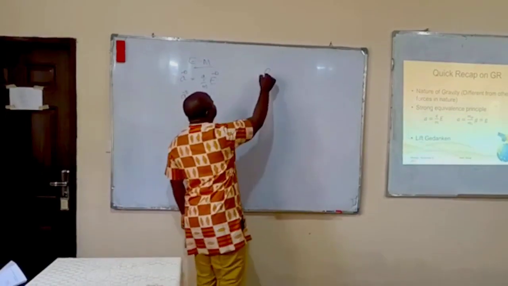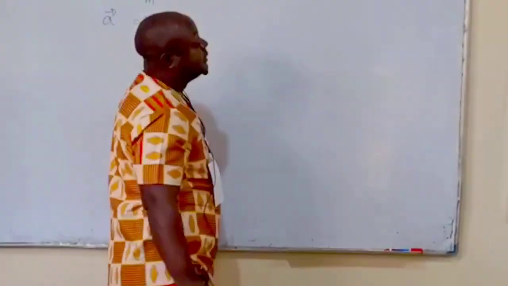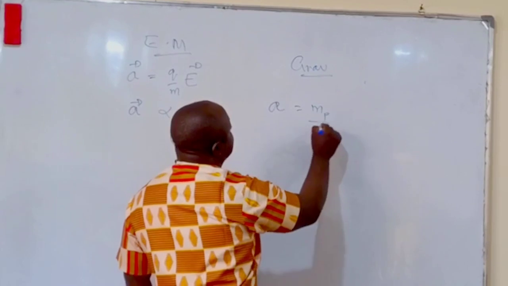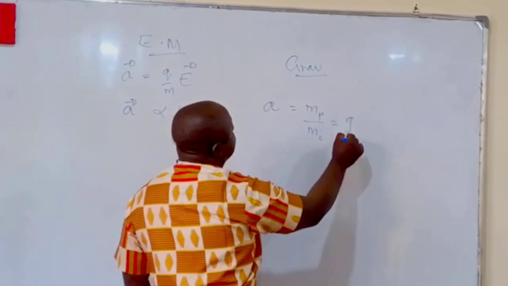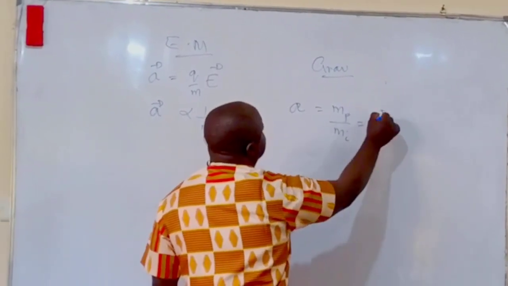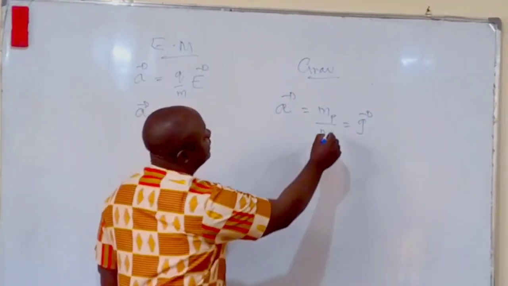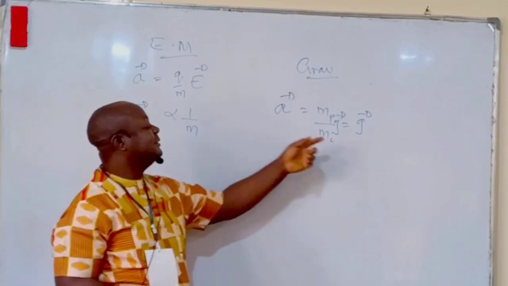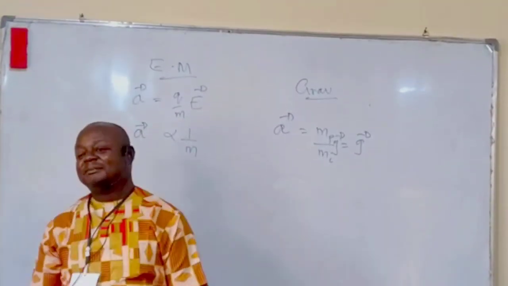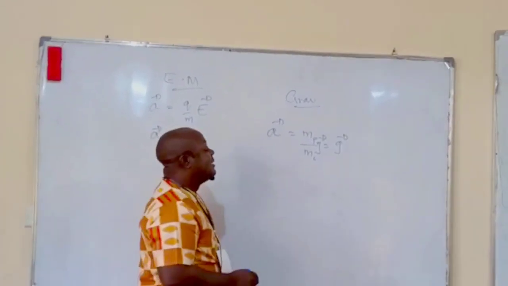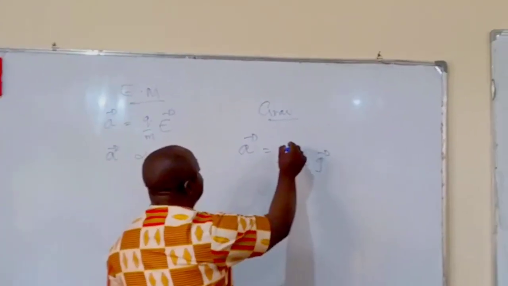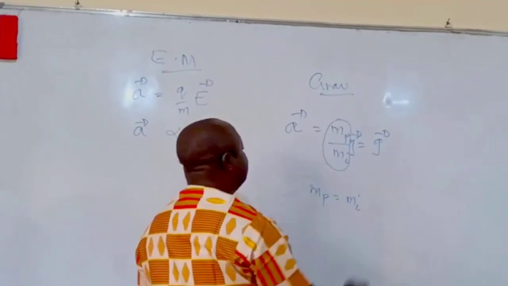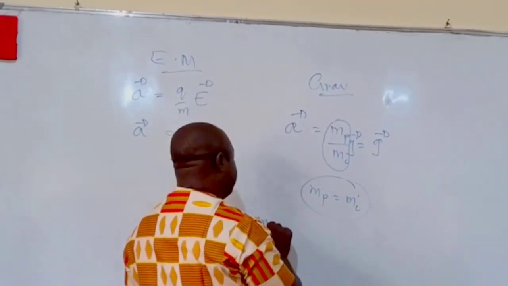But when you now come to a gravitational field, you will discover that the acceleration, okay, this is g. You discover that the acceleration does not depend on the mass. And why is acceleration not depending on mass? Because of this. And what is m_p?